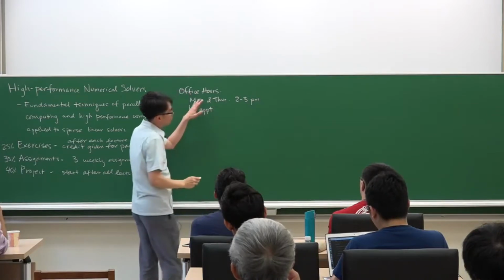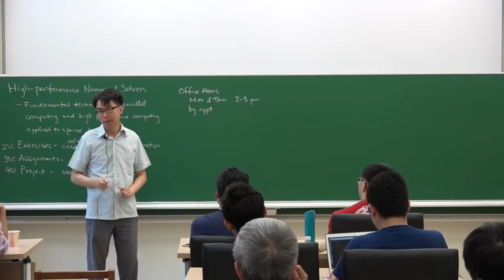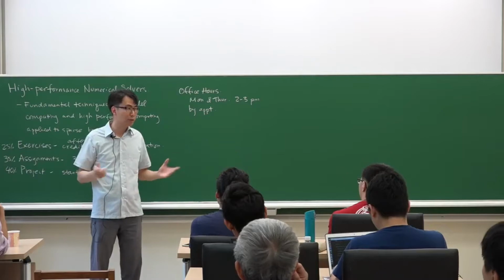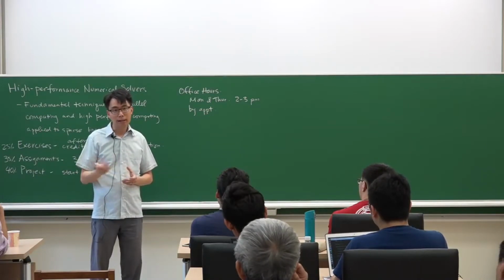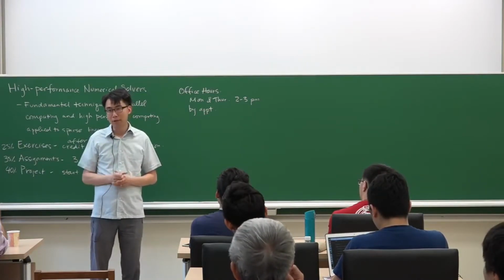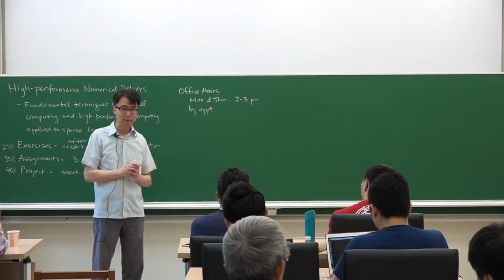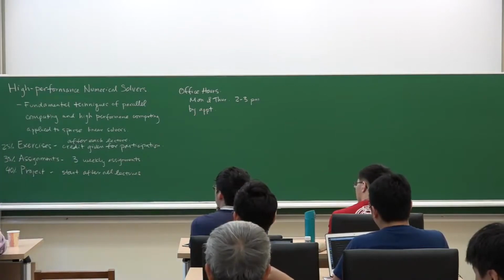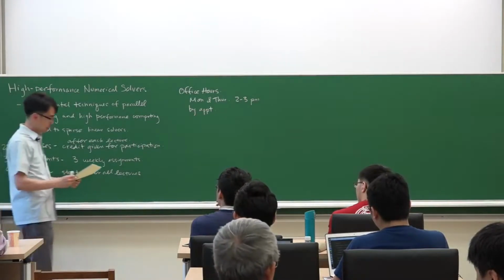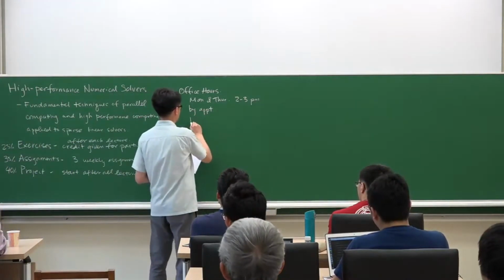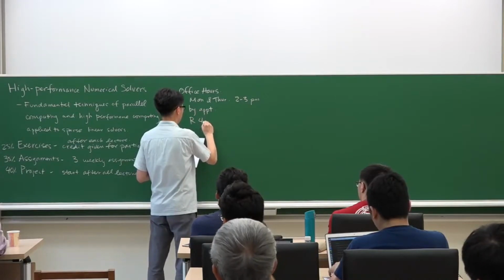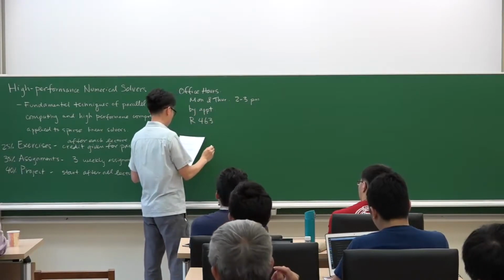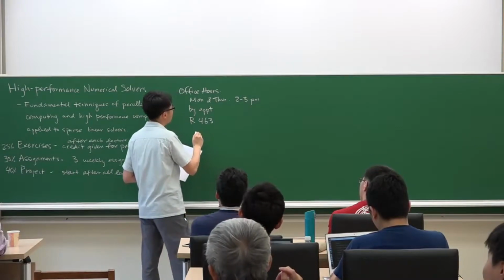If you cannot make these times, you can just send me an email, and we'll set up a time. I'll generally be here all day, Monday to Friday. Probably afternoons are better for meetings because I'll be making up a lecture in the morning. The office hours will be held in my office in this building in room 463.